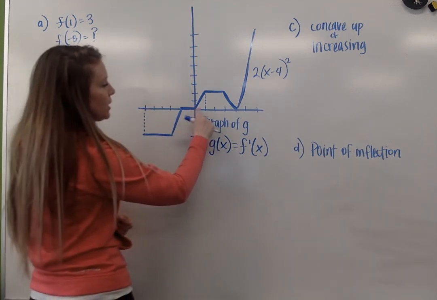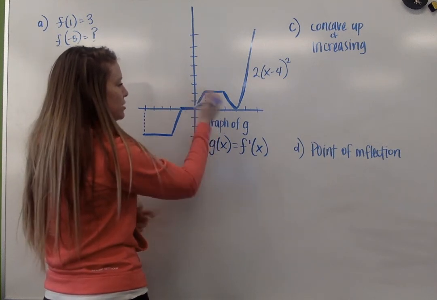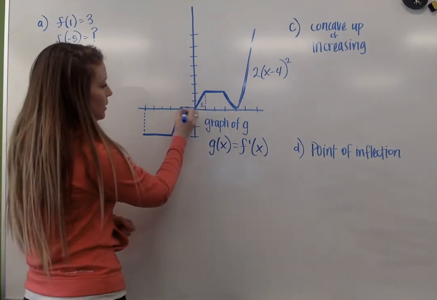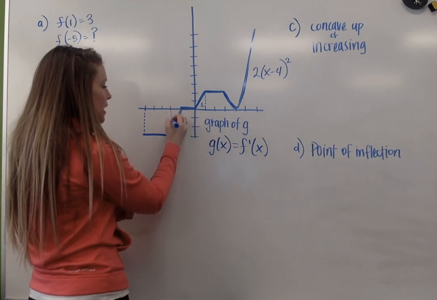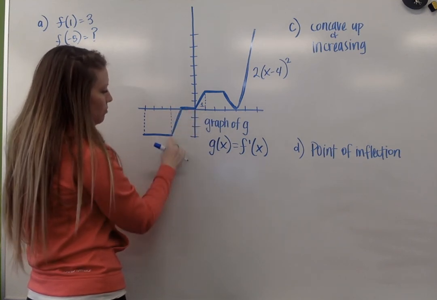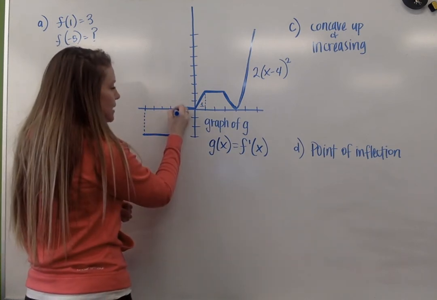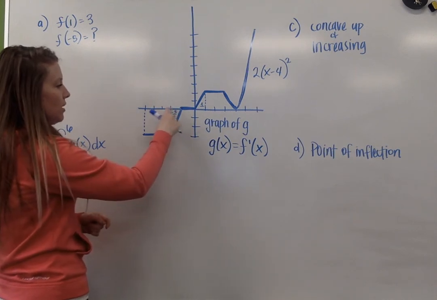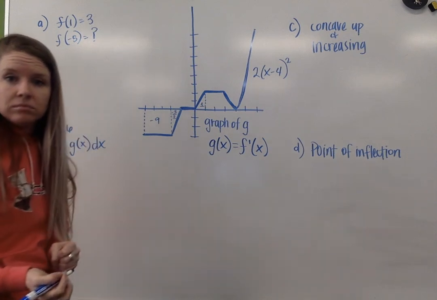Okay? So here we have a triangle. So 1 times 2 divided by 2, this has an area of 1. Here, no area, so that's nice. Here we have a triangle, 1 by 3. So 1 times 3 divided by 2, this is a negative 3 halves. And then we have a 3 by 3 box, which is negative 9.